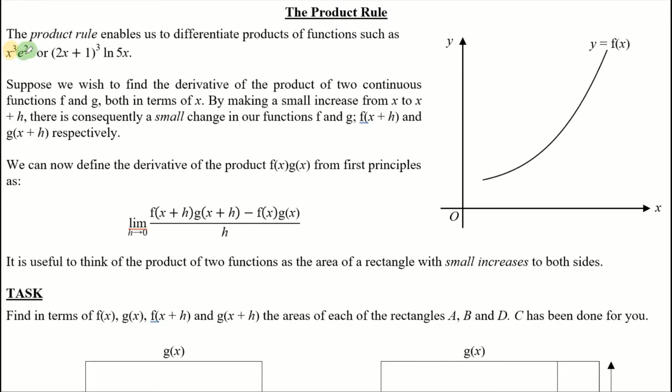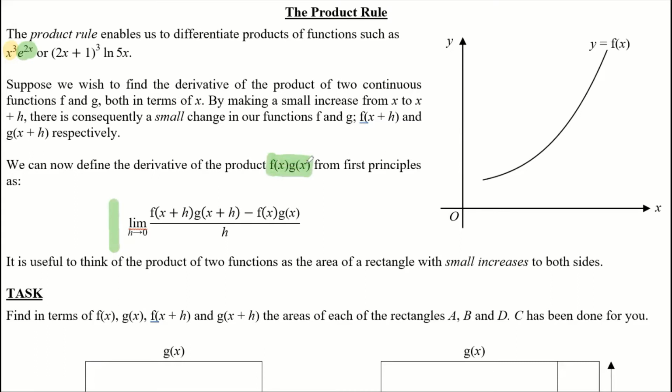Okay, so the definition, as you can see here, is quite similar to the definition of a single function f of x from first principles. But now we have the product of two functions, f and g, as we define them in the definition.